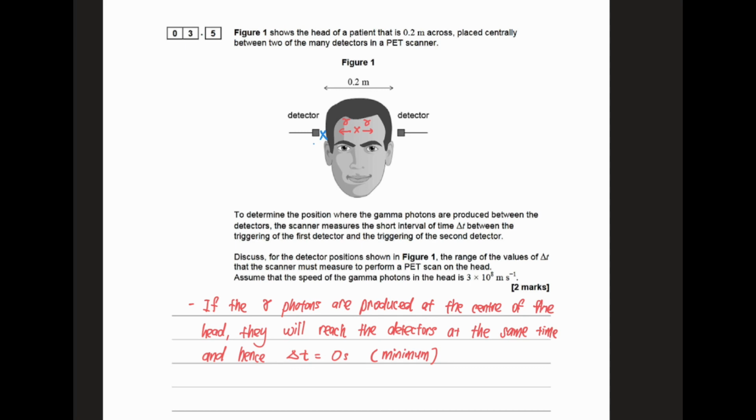The tracer produces positron. The positron collides with the electrons, and gamma rays are produced in two opposite directions. And you can see that they will reach the detector on the left immediately, and it will take the longest time to reach the detector on the right.